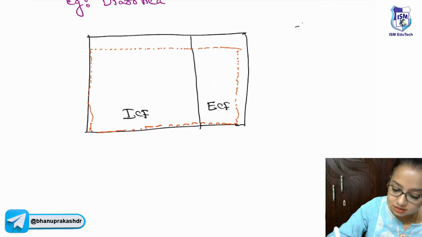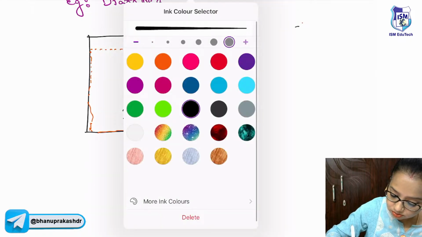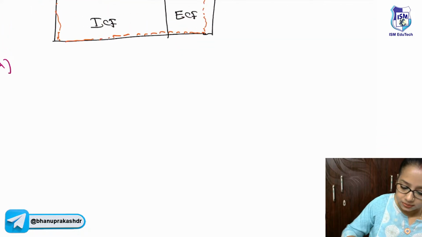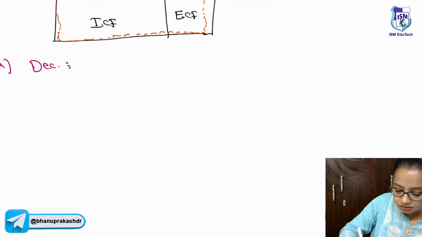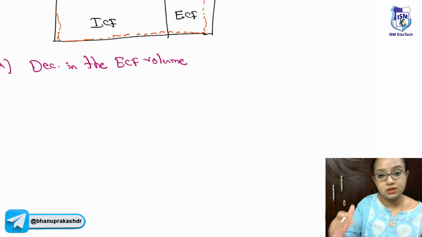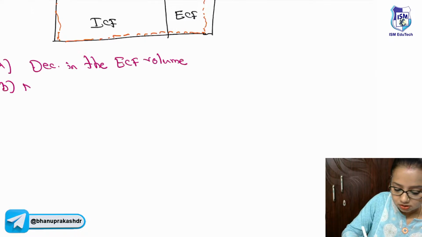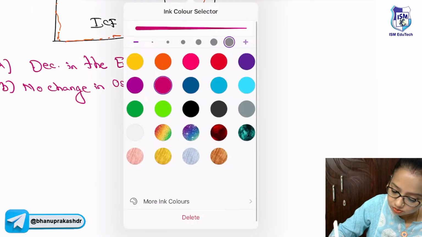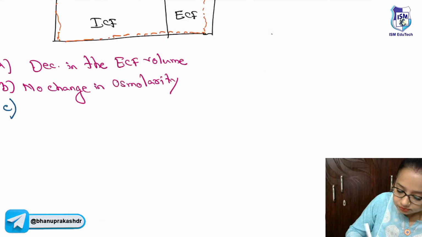Writing it down, there will be a decrease in the ECF volume. The body fluid in the ECF will decrease. No change in osmolarity. Now coming to the blood volume.